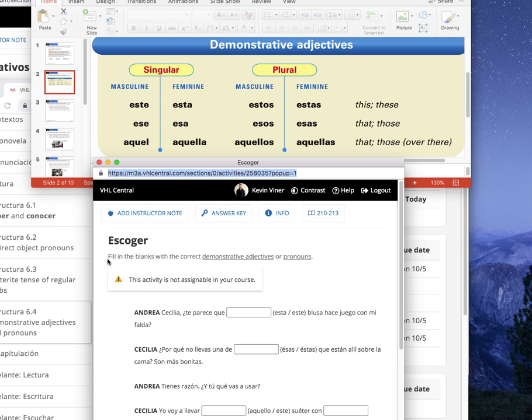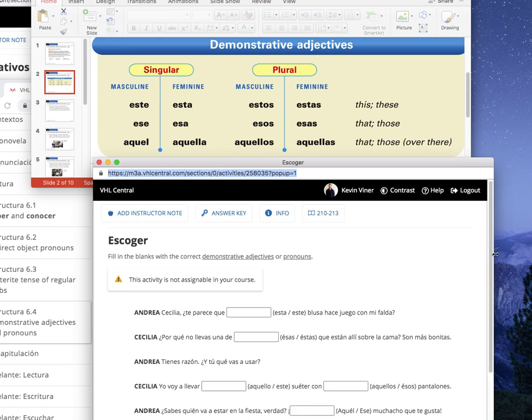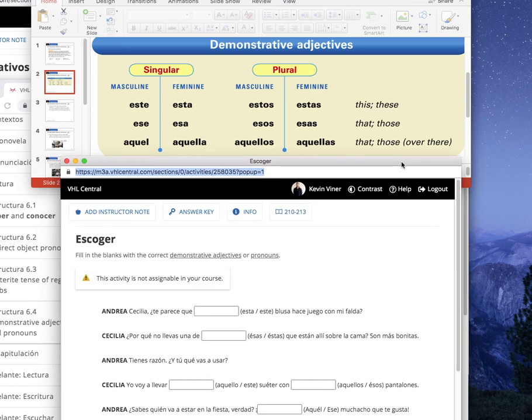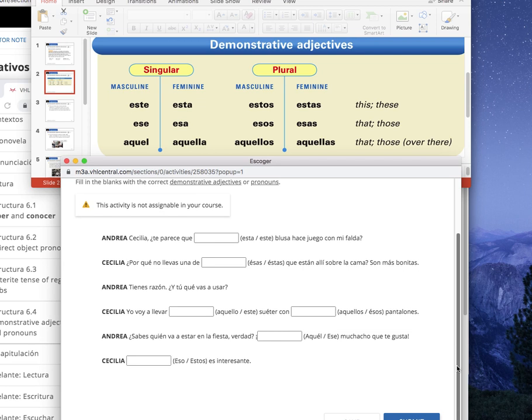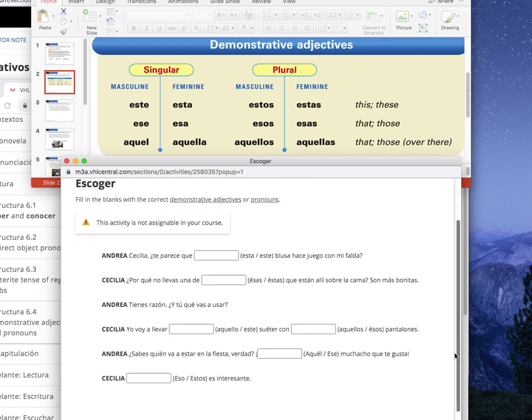So let's look at the instructions here. It says fill in the blank with the correct demonstrative adjectives or pronouns. So we have these guys. And here we just have to pick the right one, right? Because it gives us the options here. So Andrea says, this is a conversation. Cecilia, ¿te parece que blank blusa hace juego con mi falda?